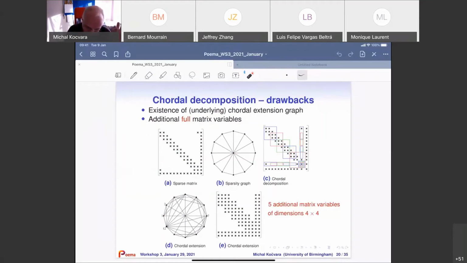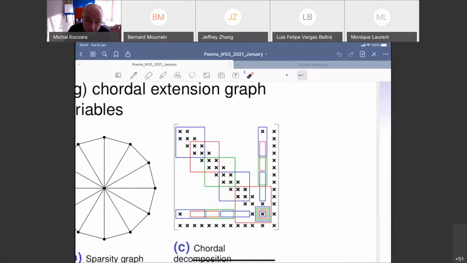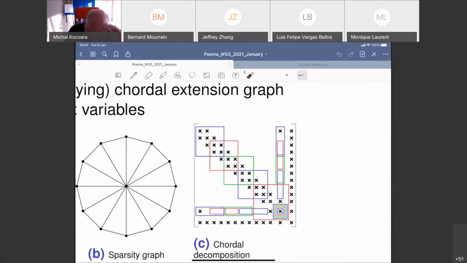So these would correspond to the overlaps. The additional variable, for instance, would be this matrix together with that matrix together with that matrix. All that would be 4 by 4, one of those 4 by 4 additional matrix variables.